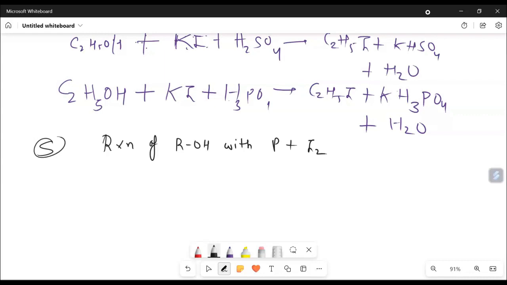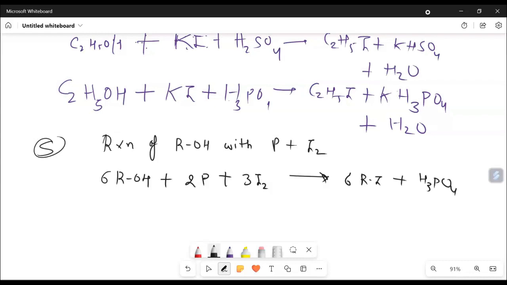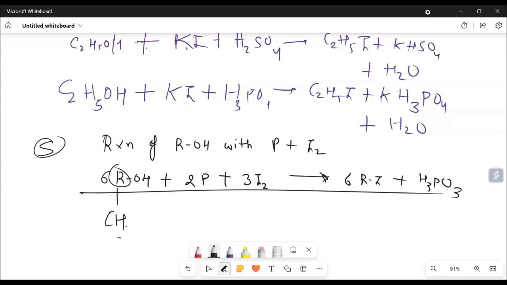This reaction goes like this: 6 moles of ROH plus 2P plus 3I2 gives 6RI plus H3PO3. This reaction you can remember. R could be any alkyl group, it could be CH3. You can write the example by yourself: CH3OH plus this will form CH3I.